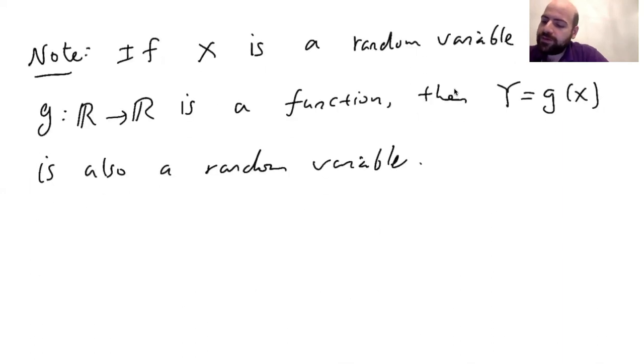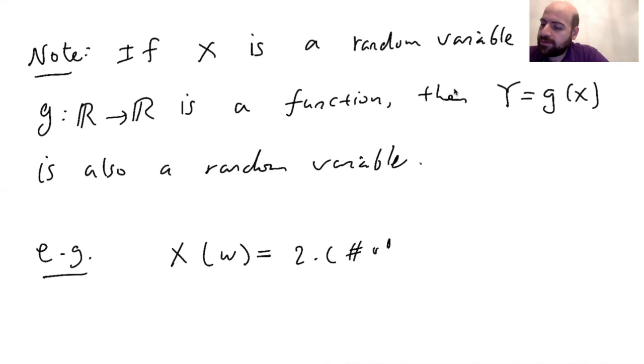So for example, let's say X of omega equals 2 times the number of heads plus 1. Remember, we did this example above. I think I called it example star.